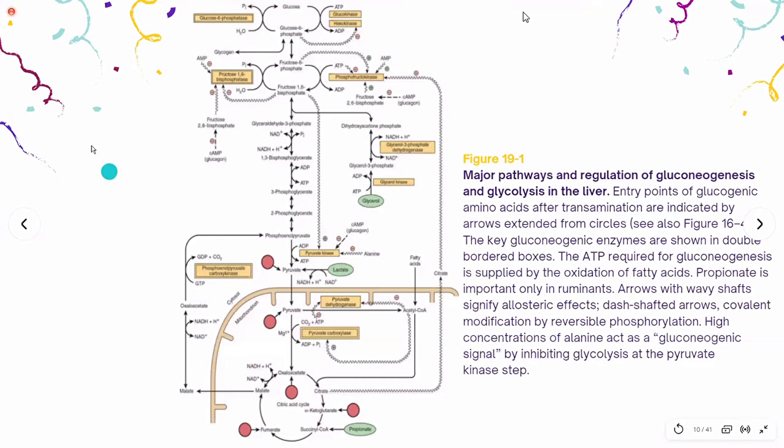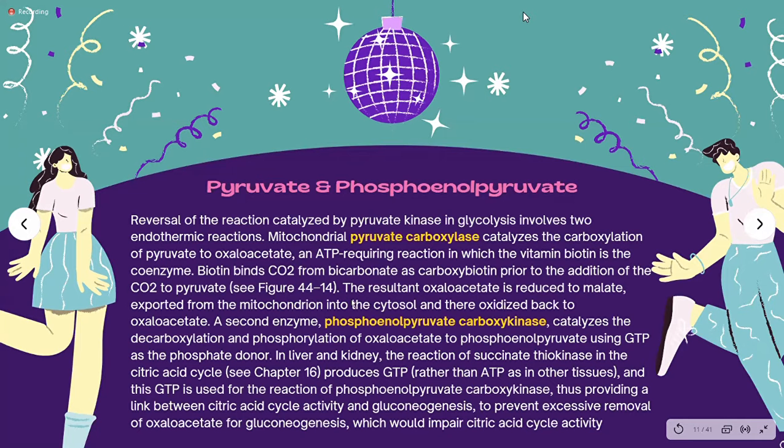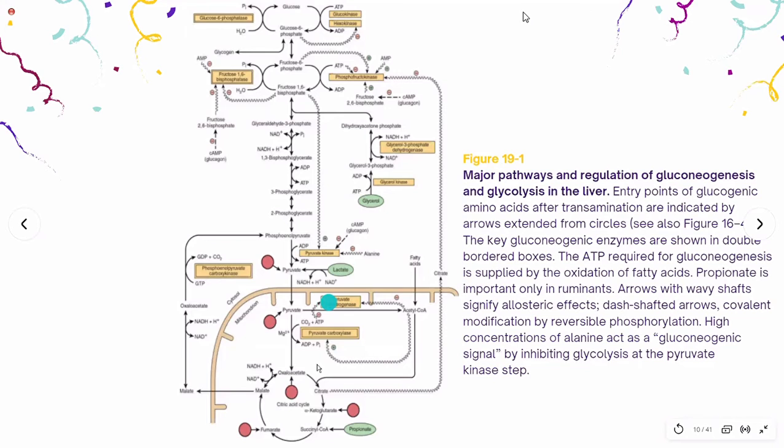Okay? All right. Let's start from the citric acid cycle. Now this is your mitochondria. Remember, this is your mitochondria. And this is your citric acid cycle. All right.